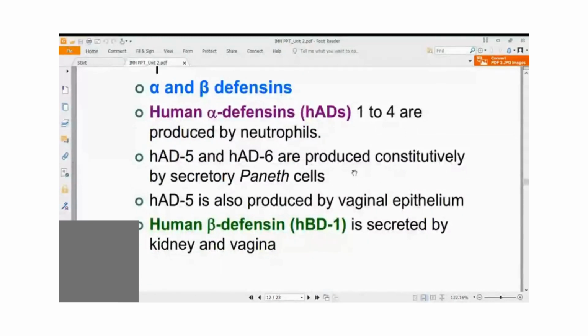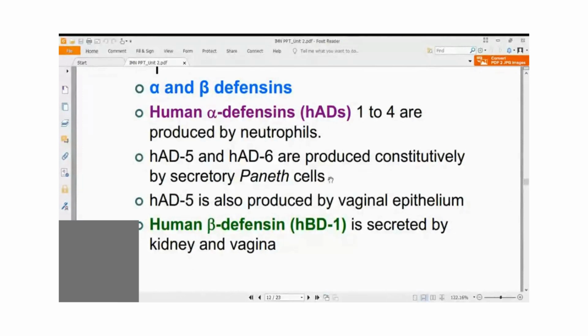One of the epithelial surfaces is in the intestine. In the intestine, there are cells called Paneth cells, and these Paneth cells are present in the crypts. Crypts are nothing but the crevices or the valleys in between the villi. The intestinal surface has finger-like projections called villi. Now, in between the villi, you can compare that to the junction between your two fingers.